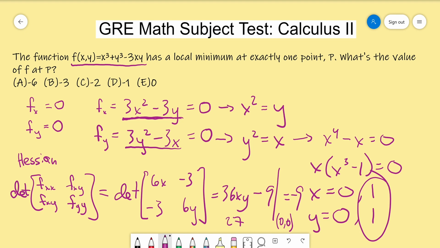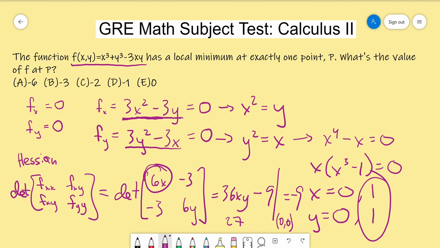So we know that this is either a local max or a local min. And if we plug (1, 1) into the second derivative fxx, which is 6x, that's positive, so we know that we're talking about a local minimum.